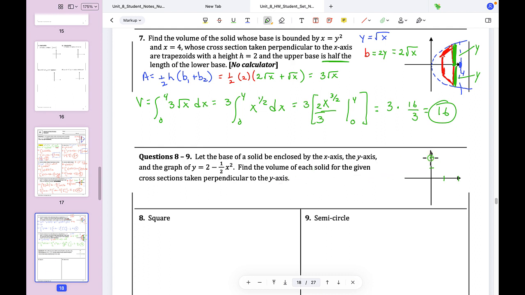Let's see, it's an upside down parabola, and it's going to end up going like this, right? That's my upside down parabola, but it's enclosed by the x-axis and the y-axis. Oh, excuse me.